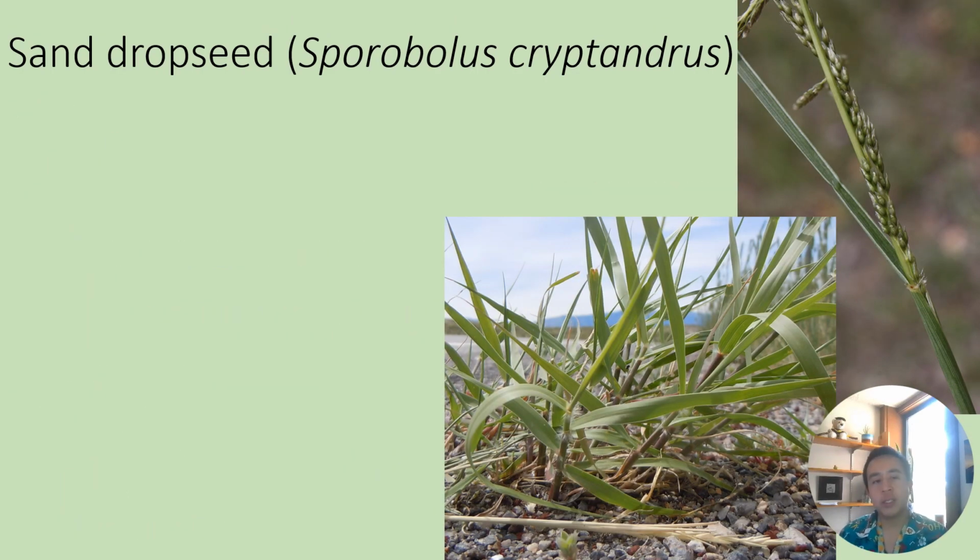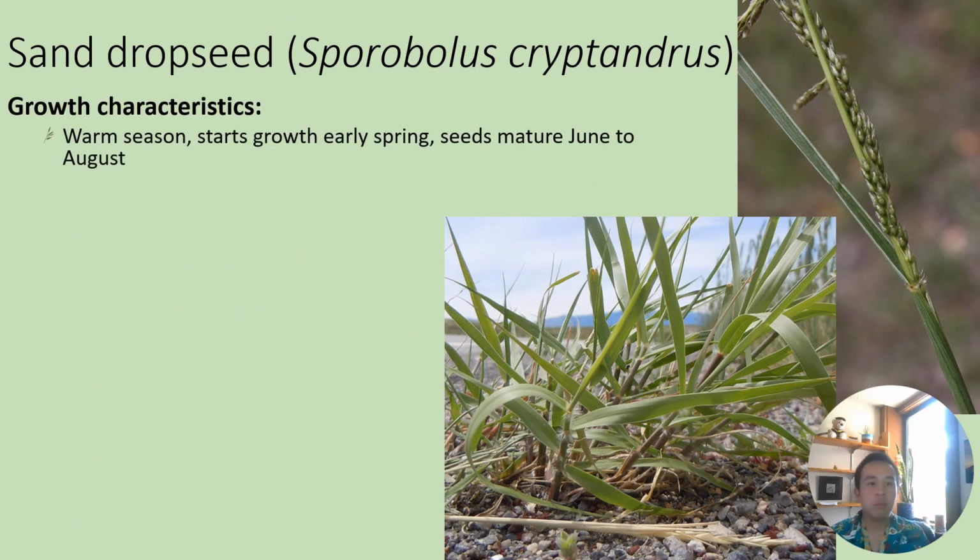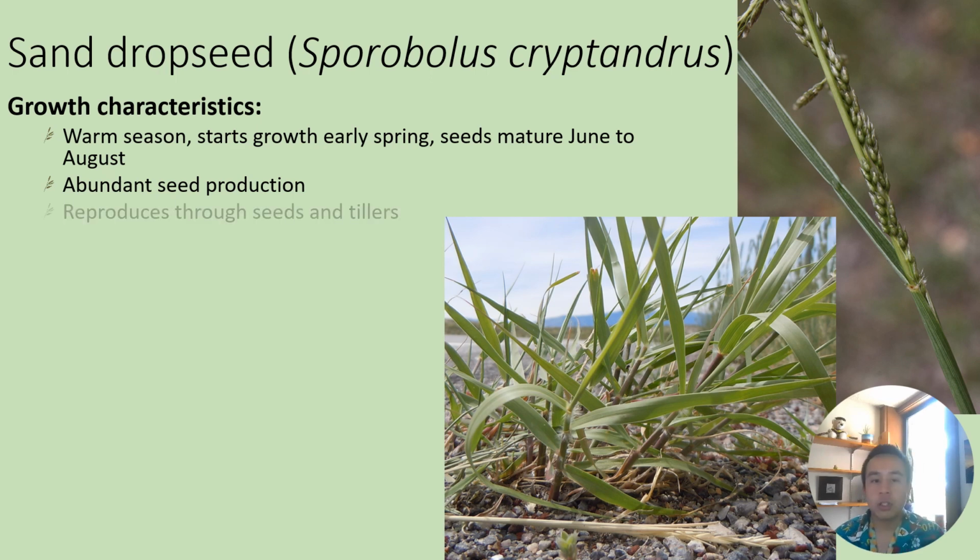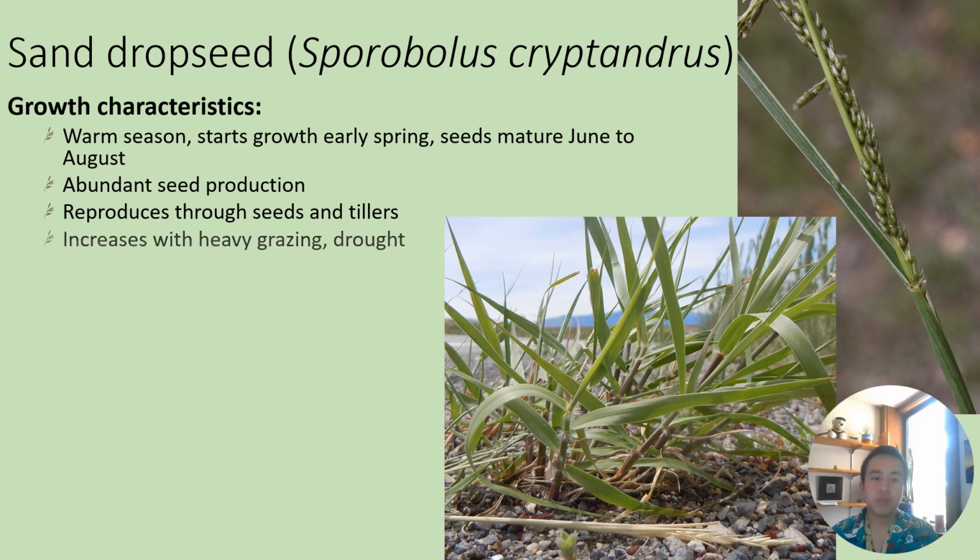Sporobolus cryptandrus, or sand drop seed, typically grows at the beginning of early spring, and then the seeds usually mature June to August, and it's considered a warm season grass. It often makes abundant seeds, and so it can reproduce with those seeds and also through tillers.